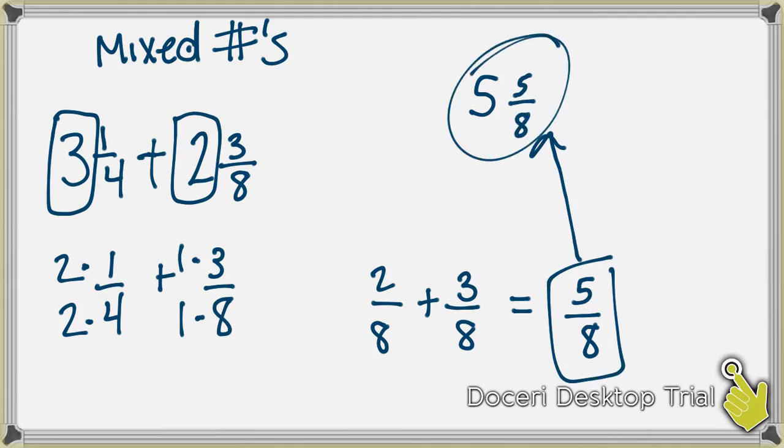So when you're adding, which means the signs are the same, you're just going to add the whole numbers together, and then add the fractions. Now, when the signs are different, then you have to do a little bit more work.